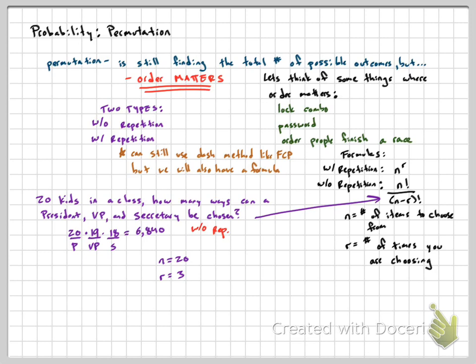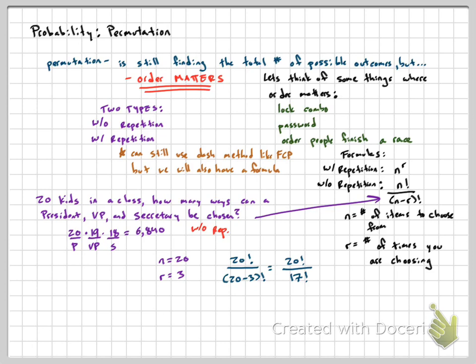So if we're using our formula, that would be 20 factorial over 20 minus 3 factorial. Now you simplify what's in the parentheses first. So I'm going to go 20 factorial over 17 factorial, because 20 minus 3 is 17.